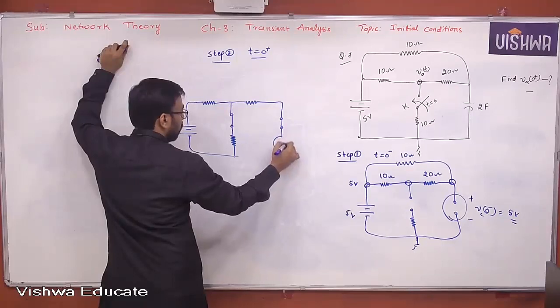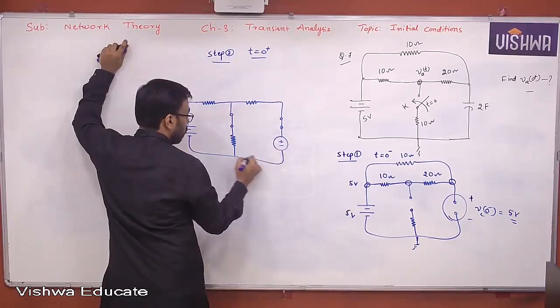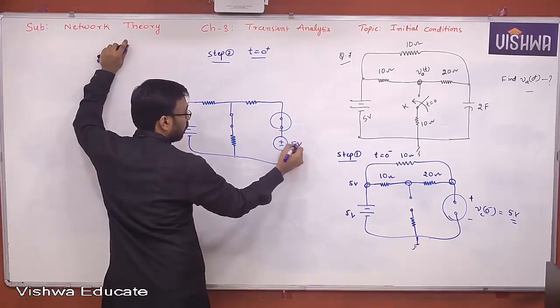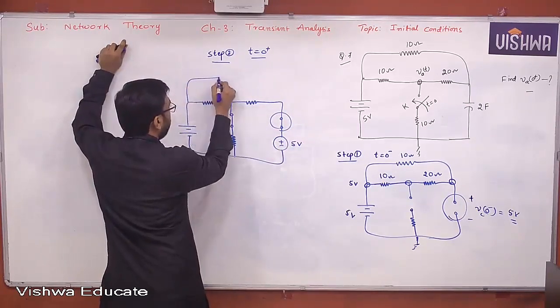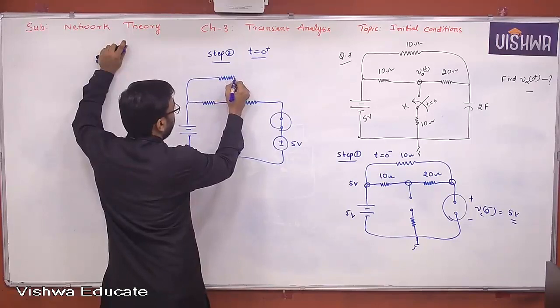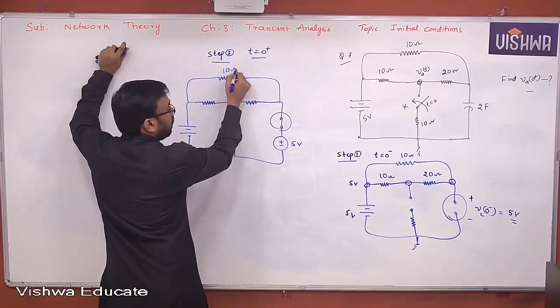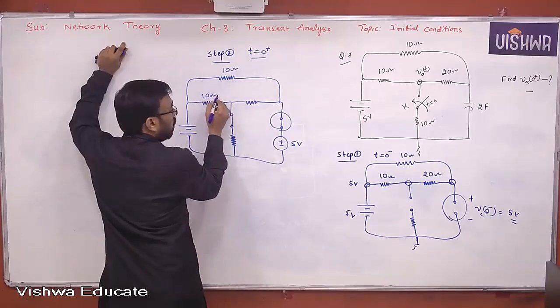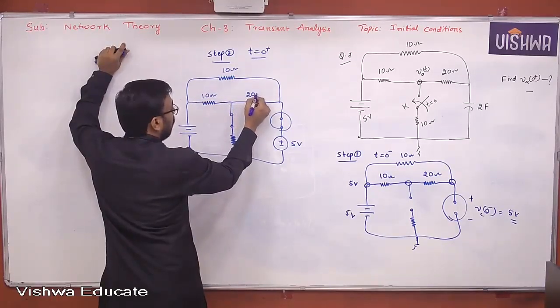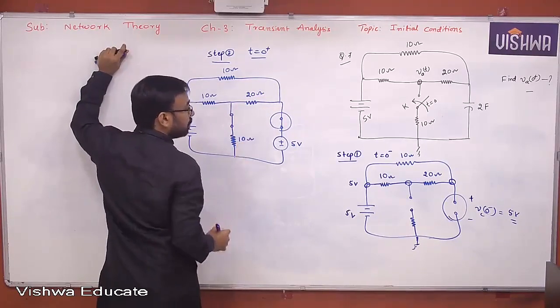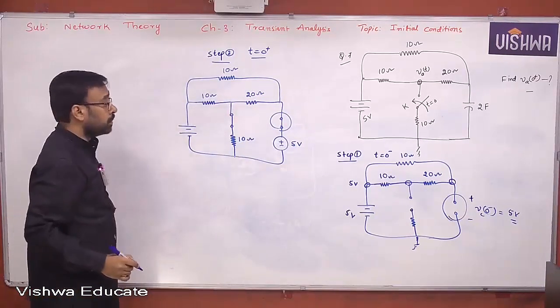Voltage source with a series capacitor model. Yes or no? This is 5 volts. 10 ohm, 10 ohm, 20 ohm. What about this? 10 ohm. You understand? Okay.